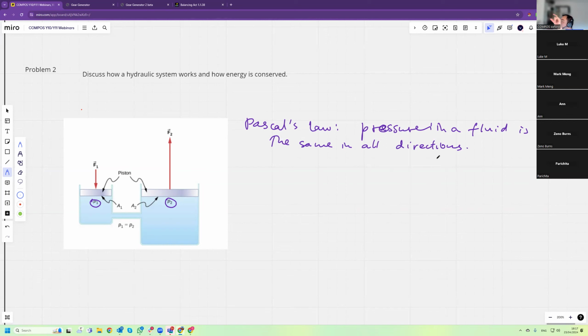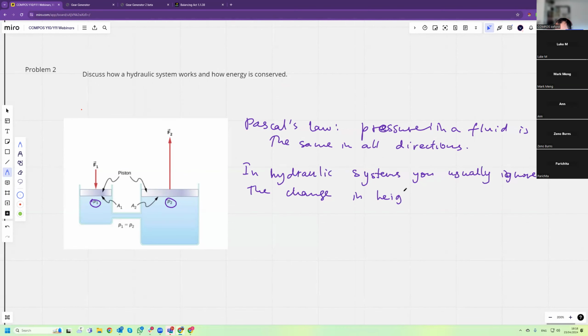But we are talking about very small differences in height, so we ignore them when we do hydraulic systems. In hydraulic systems, you usually ignore the change in height.